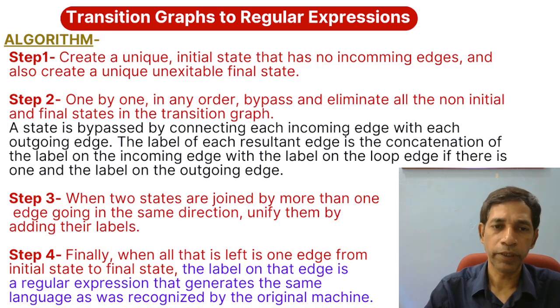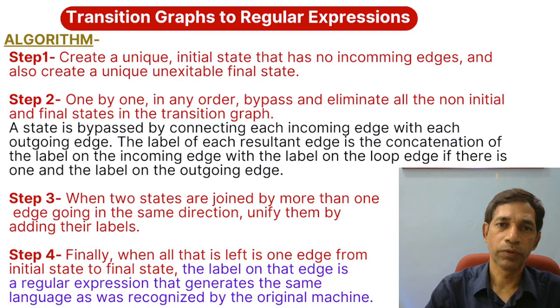A state is bypassed by connecting each incoming edge with each outgoing edge. We have also seen examples of how you can eliminate and bypass a state.